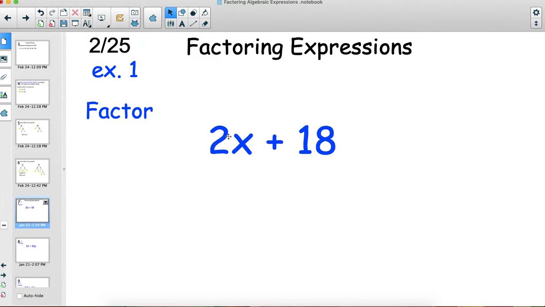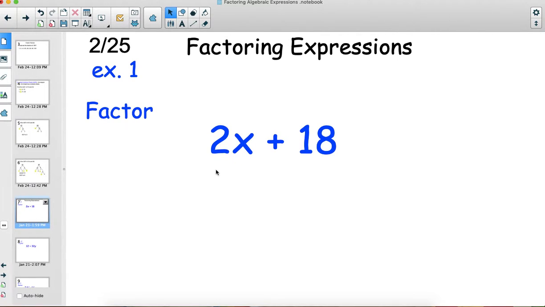All right, so now I'm looking at 2x plus 18. So when we're factoring an expression, we're almost going to set up a distributive property that is going to equal this. It's like working backwards. Instead of doing the distributive property, we're going to create what expression would equal this using parentheses. And we could check that here in a second.